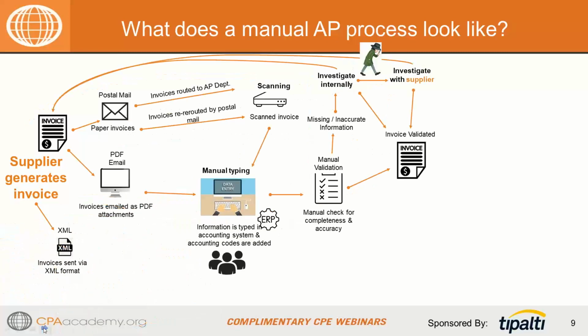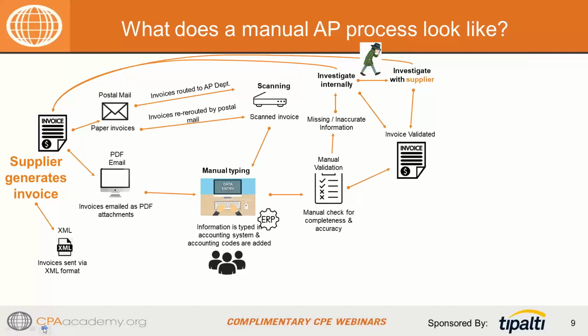And then we take a look at how we process all that manual invoice data that's coming in. If it's postal mail, they're usually sent to the mailroom or to the business process owner, scanned. There's manual typing, because guess what? All that has to be keyed in, particularly if it's totally manual.